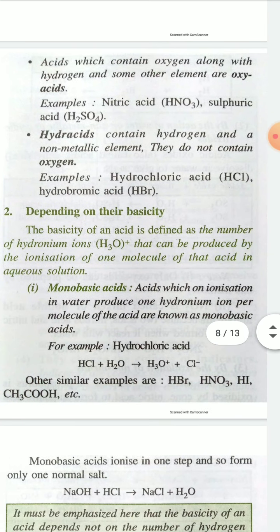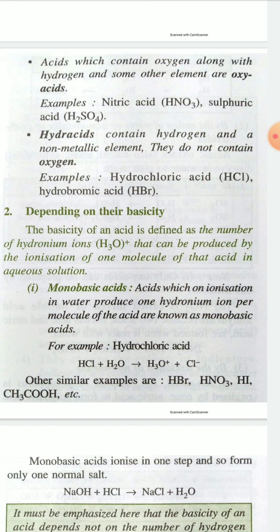Now, acids which contain oxygen along with hydrogen and some other element are called oxyacids. So nitric acid HNO3, in which hydrogen and oxygen are both present, is an oxyacid. Sulfuric acid H2SO4, which contains hydrogen and oxygen, is also an oxyacid.